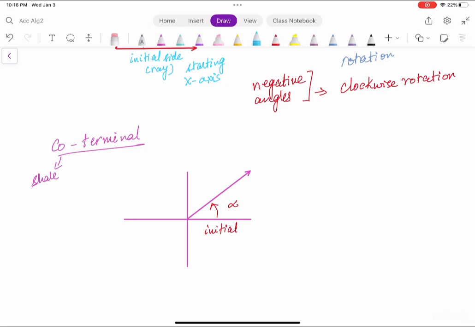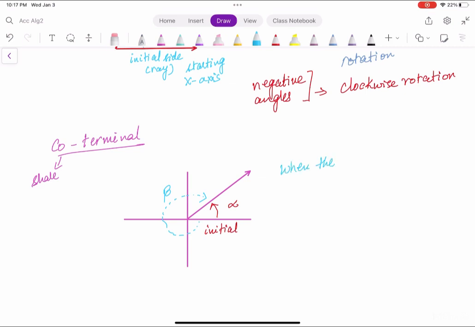And we have a terminal side, that is nothing but the ray. If I go clockwise and reach the same terminal, we are forming another angle, and let's label that angle as beta. So the two angles are sharing the same terminal side.